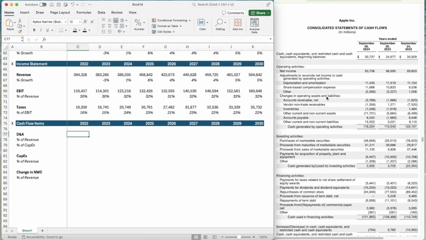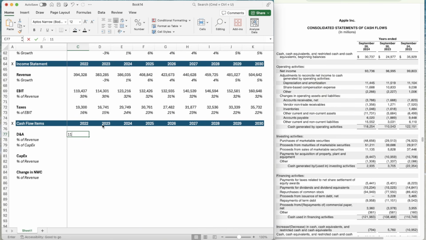Then your change in net working capital is the changes in operating assets and liabilities, and you just sum up all of these, and that gives you your change in net working capital.